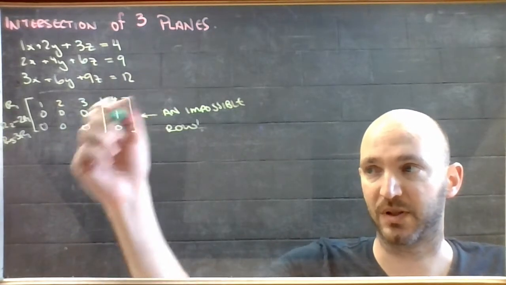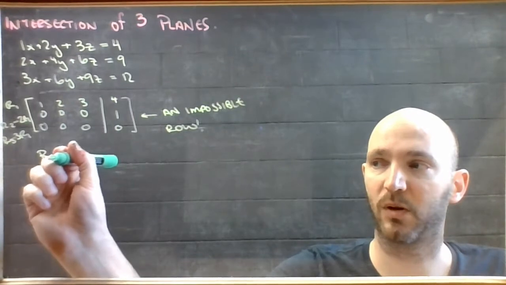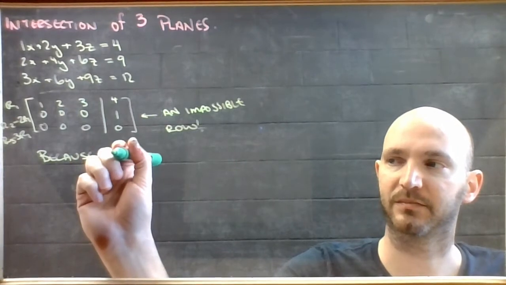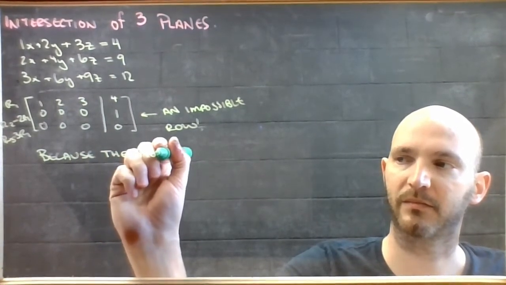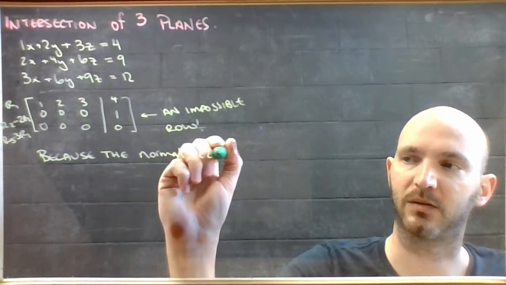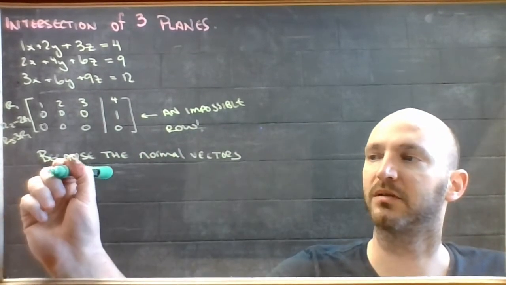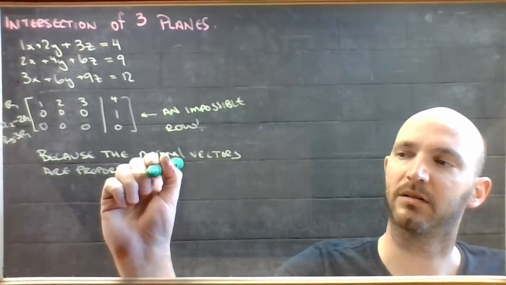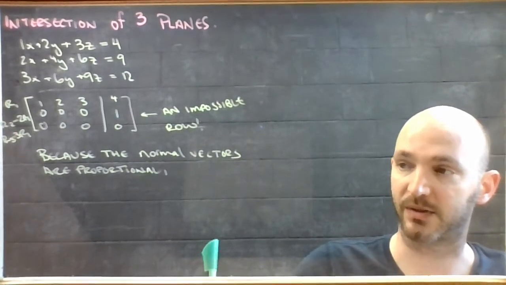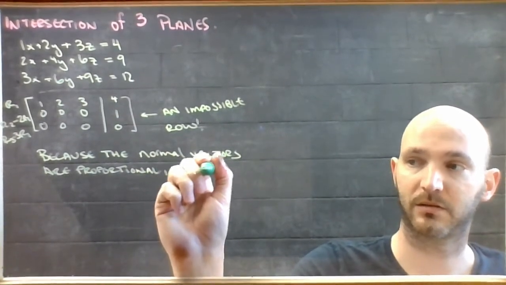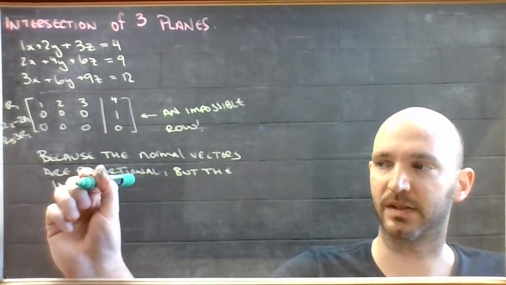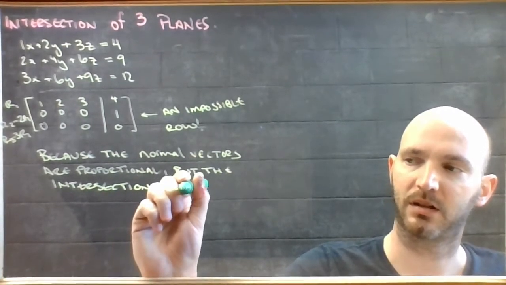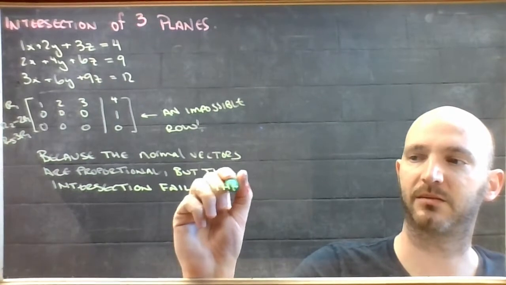So in this particular example, because the normal vectors are proportional, but there is no intersection, these planes must be parallel.